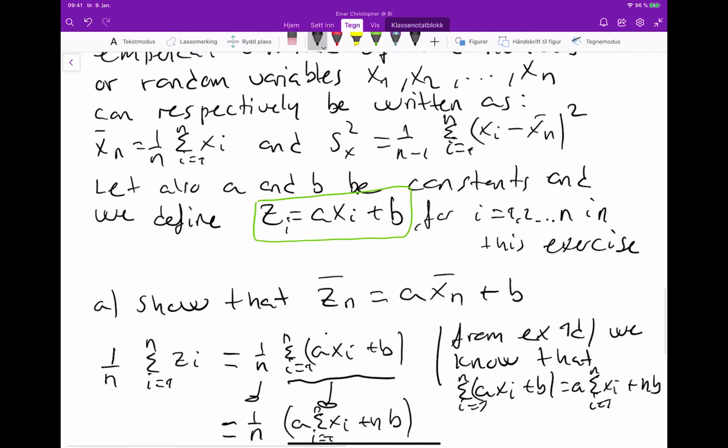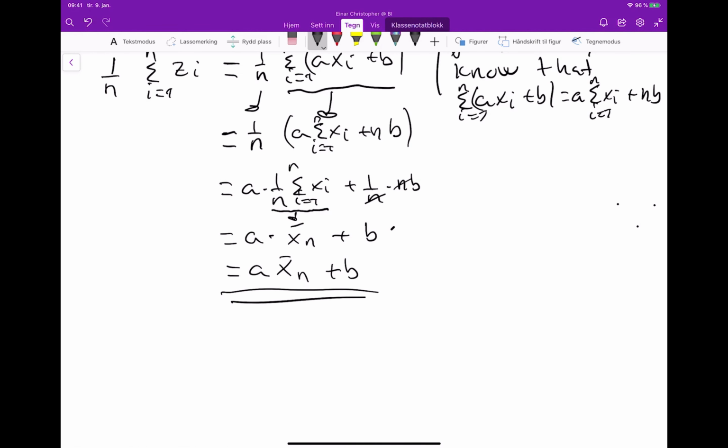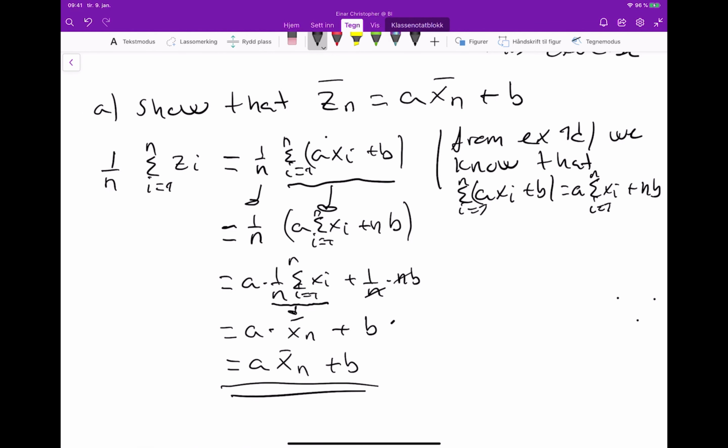The empirical average is 1 divided on n, the sum of xi's. And here I can do like this, and we get b. So the answer is A times x bar n plus b, which was what we were supposed to show. But the remark, you have to understand exercise 1d before you can do this one.